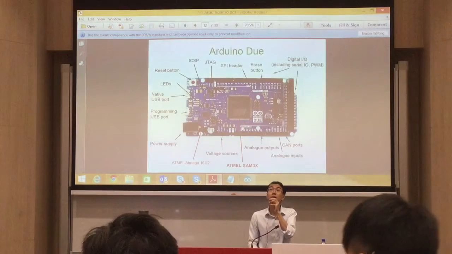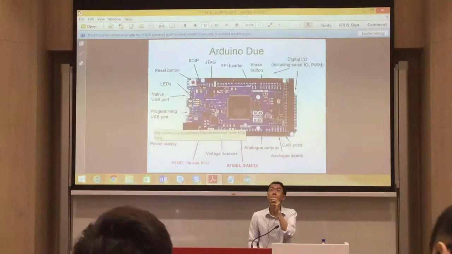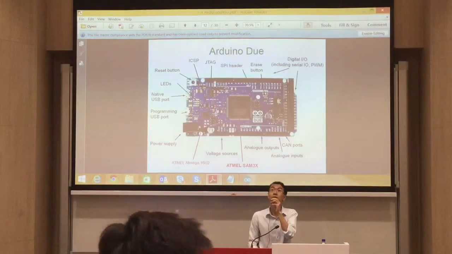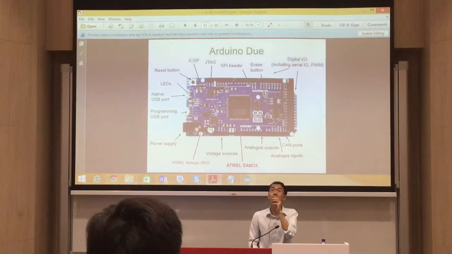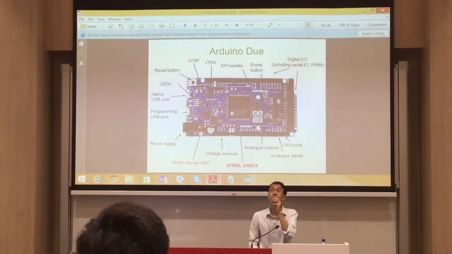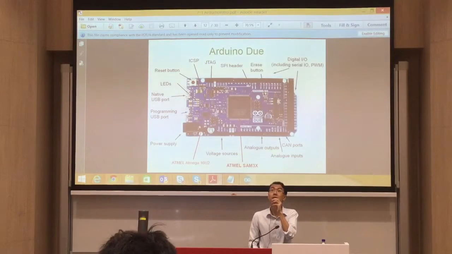So Arduino Due, you have seen it before. This one is the power supply. This is the SAM3X chip we have discussed. You can see there are two ports here: one is called the programming port, the other is called the native USB port.